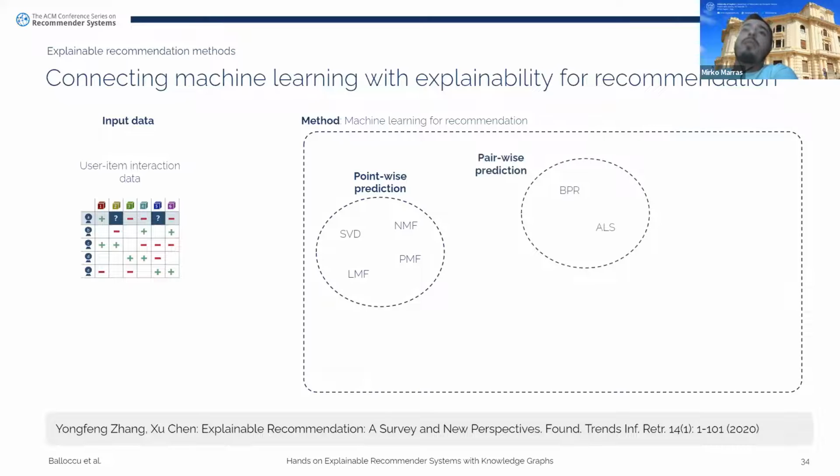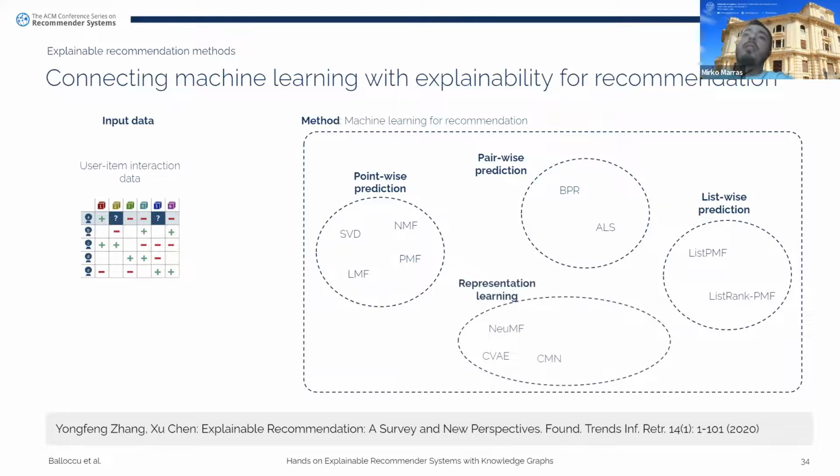Then we have pairwise learning to rank, which is frequently used to learn the correct item rankings based on implicit feedback. An example of this category is the well-known Bayesian personalized ranking, BPR. And then we have other models that adopt list-wise learning to rank for collaborative filtering.